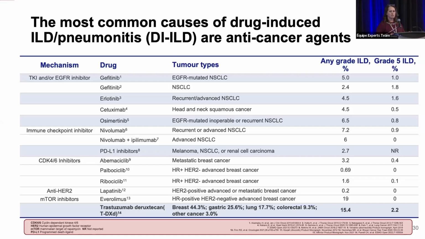When we're looking at small molecule TKIs, EGFR inhibitors, when it comes to immune checkpoint inhibitors, you're probably in the range closer to 4 to 6% with some of the immunotherapy agents. But down here, I'll highlight at the bottom the trastuzumab deruxtecan. So this is one of the ADCs that I'll talk about, where the incidence of pneumonitis is actually quite a bit higher. And I'll review some of the data or the literature showing that, but as high as 15% in the breast cancer literature.